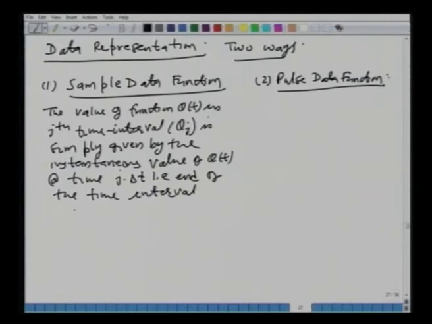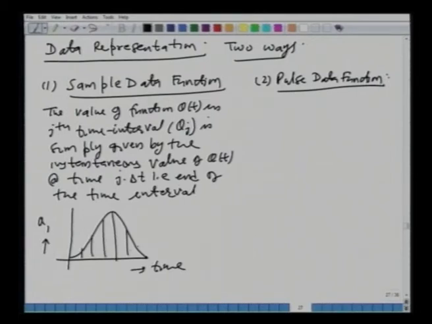Okay. So, if you look at it graphically, what does it mean? So, if you have a stream flow which looks like this, and then we have discretized the time domain. Okay. So, this is your first interval, second interval, and so on, and the jth interval.